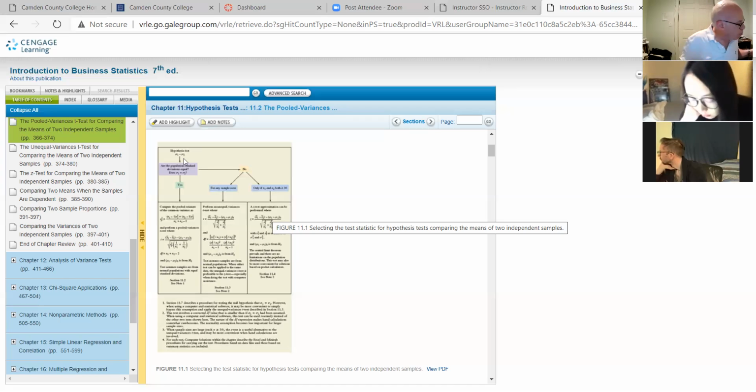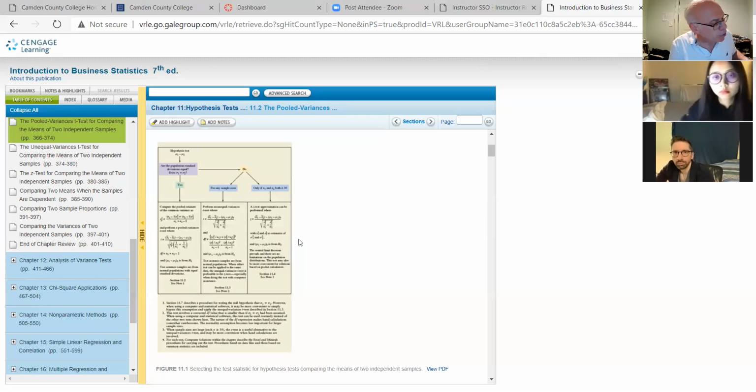I think there's a separate chart for proportions, on page 391, which we'll get to. But for the time being, we'll deal strictly with the difference between two means for two groups.